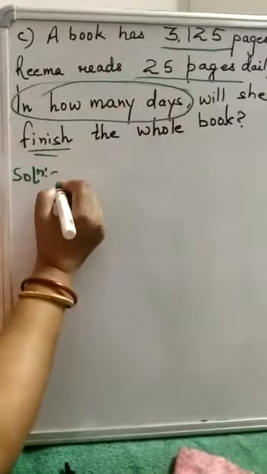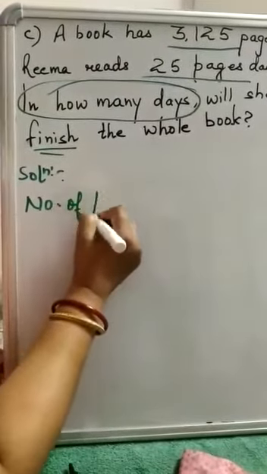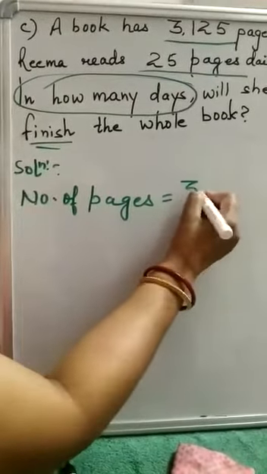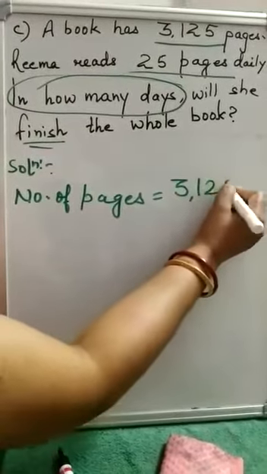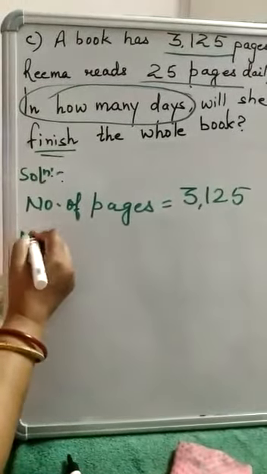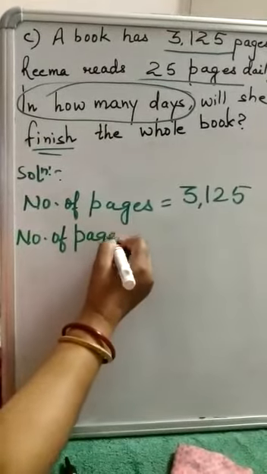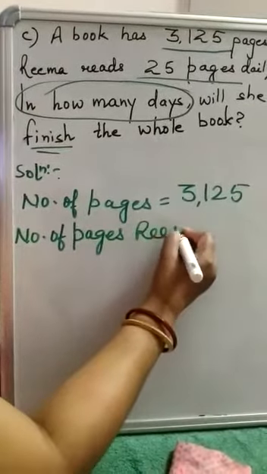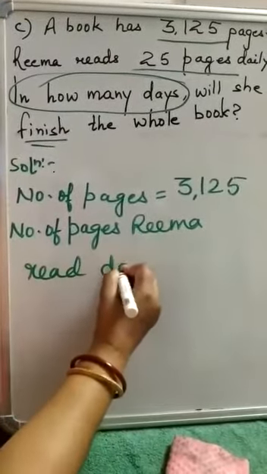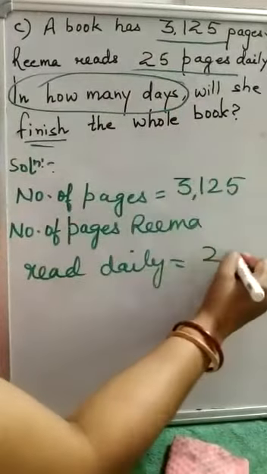So here, solution. Number of pages in the book equals 3125. Number of pages Rima reads daily is 25.